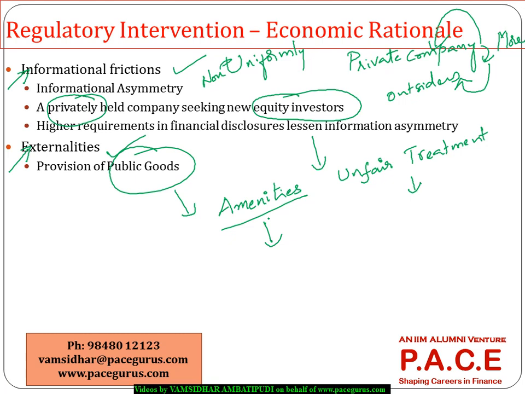So to make sure that no one is at a disadvantage in using those public goods, public utilities or public amenities, the regulations are very much important from that dimension. So generally we see these are the two major reasons where regulations can come into picture.